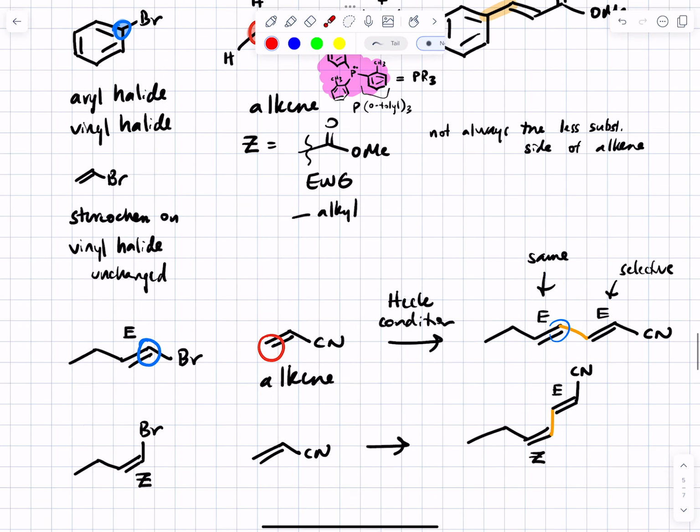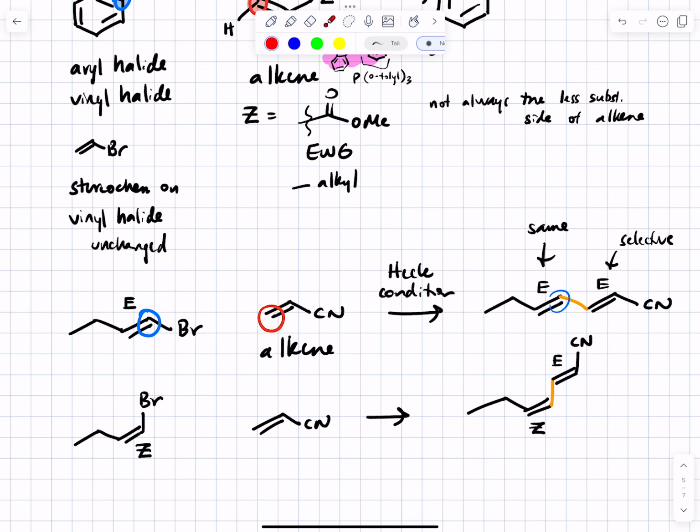So we did an example where I showed you, say, two Heck starting materials over here. The vinyl halide was E, and that double bond is still E in the product. There was no stereochemistry over here for the alkene, and it's selective for E. Okay, so it's specific on the side of the alkyl halide, it doesn't change.